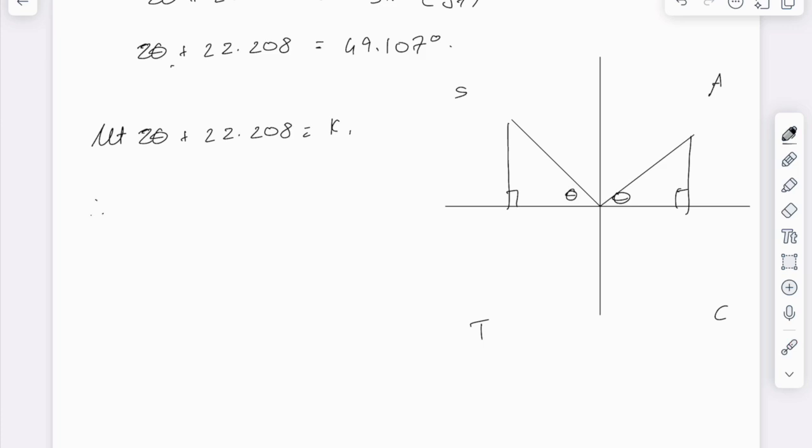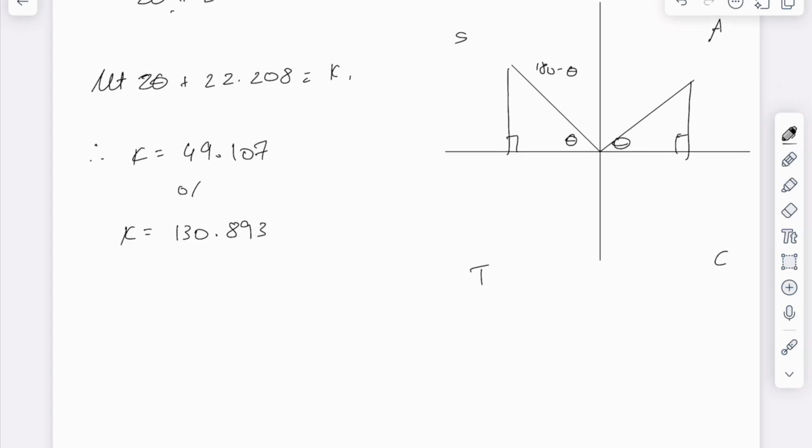So therefore K is equal to 49.107, or K is going to equal 130.893 degrees.